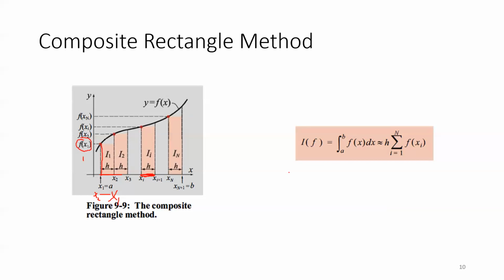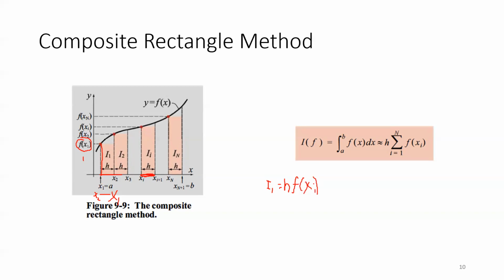So that's going to be the first rectangle, let's say I1, is going to be that delta x. So we're going to call delta x h because that's constant. And then it'll be f at x equals, where's x? x1. Good.